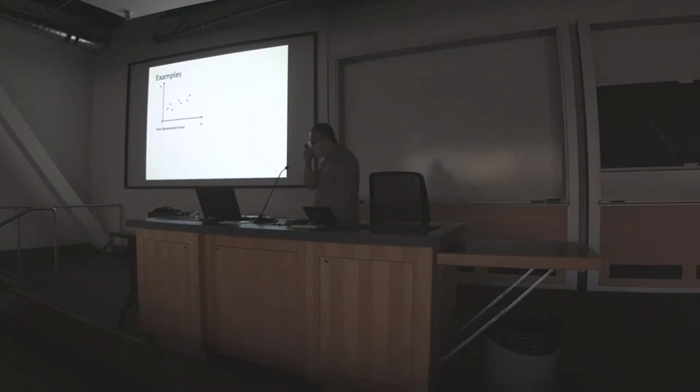So a few concrete examples. In a one-dimensional input, you have only one variable x, and you have y, and we're going to predict y using this rule. This is a linear model, w1 plus w2 times x2.